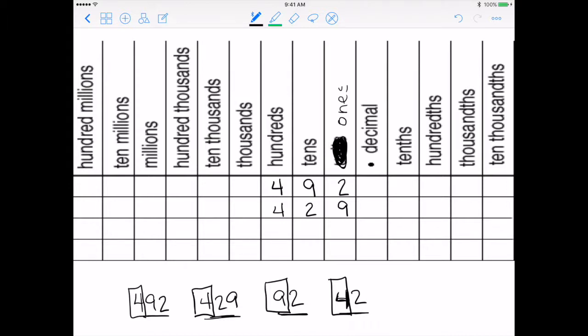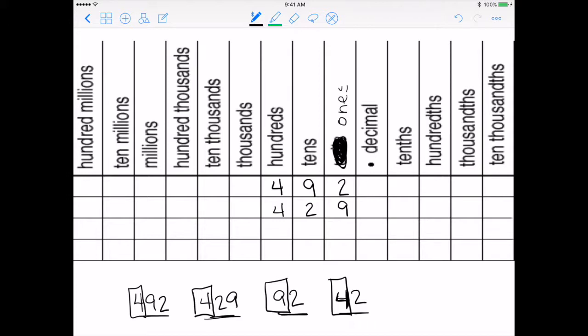Now let's go to our third number, 92. Although we have the digit 9 as the first digit in our number, and that is greater than 4, the 9 in this number is in the tens place, not the hundreds place. Therefore, when you fill this number into the place value chart, you have to start not in the hundreds place, but in the tens place.